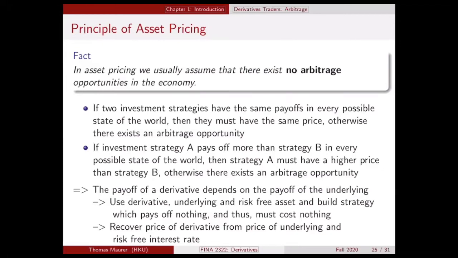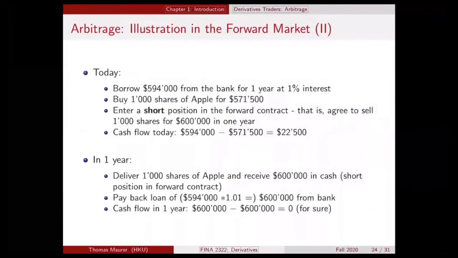Recall that the payoff of a derivative always depends on the payoff of an underlying asset. And so you can always use a derivative, an underlying asset, and the risk-free asset to build a strategy which earns nothing in the future, and therefore, if there is no arbitrage, must cost nothing today. This is exactly the example which we had before with the Apple shares.